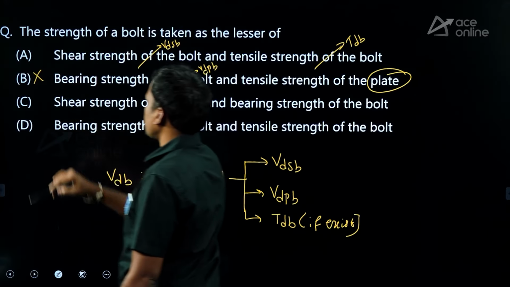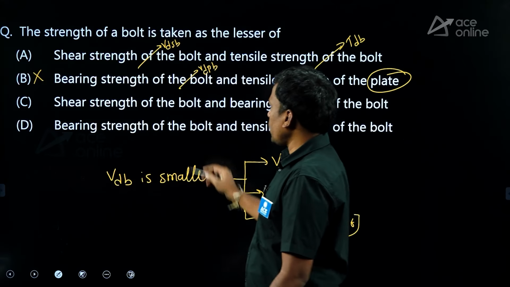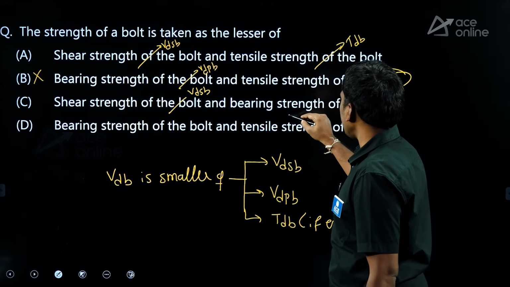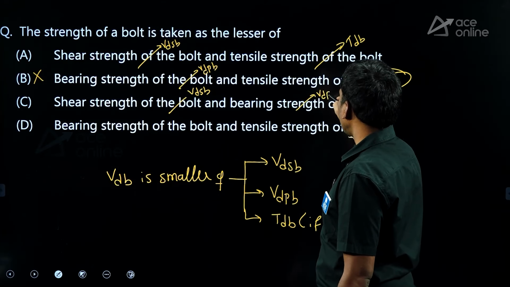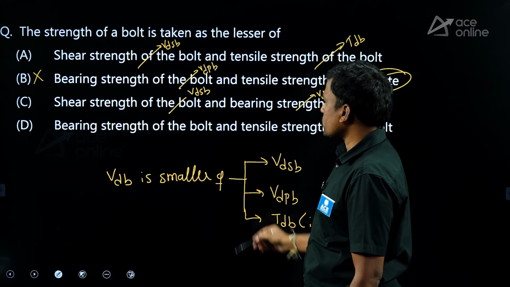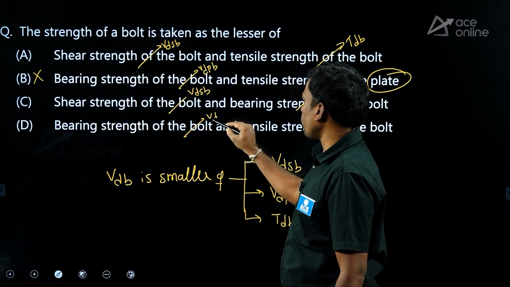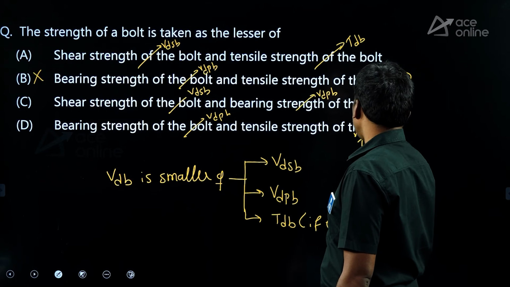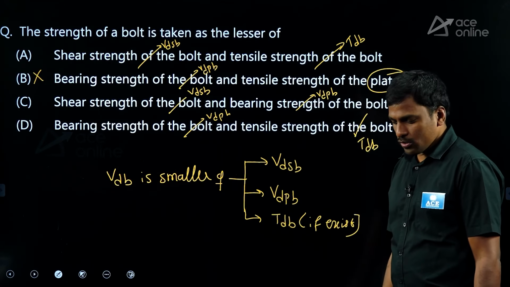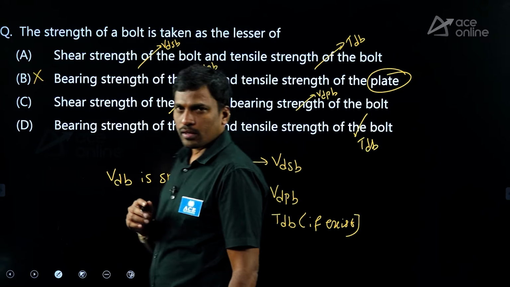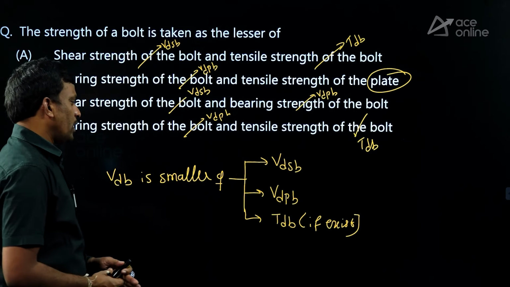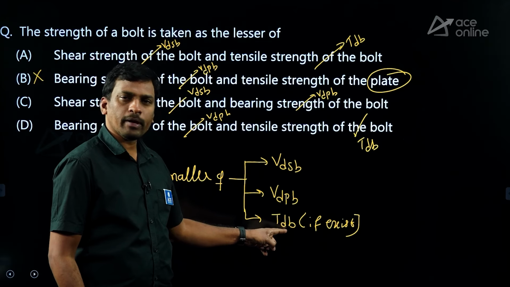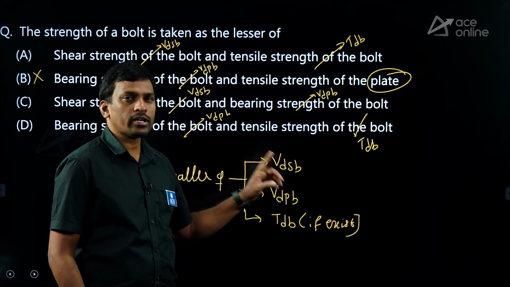Then eliminate option B. Next, shear strength of bolt, VDSB, and bearing strength of bolt, VDPB. And bearing strength of bolt, VDPB, and tensile strength of bolt, TDB. Students, we have to consider TDB if bolts are subjected to tension.